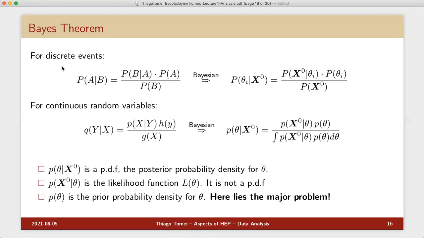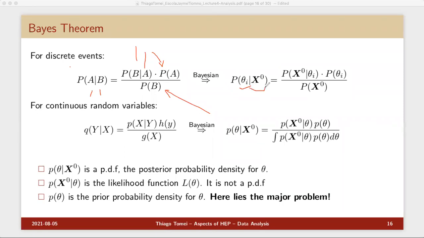For discrete events, I'm not going to demonstrate it, but you can prove that the probability of A given B is the probability of B given A times the probability of A divided by the probability of B. If you do a Bayesian probability framework, you can call these B and A something like parameters of the model and observed data.